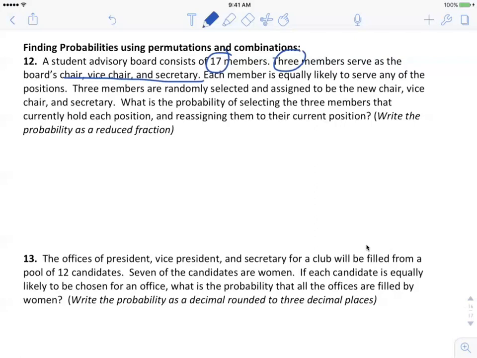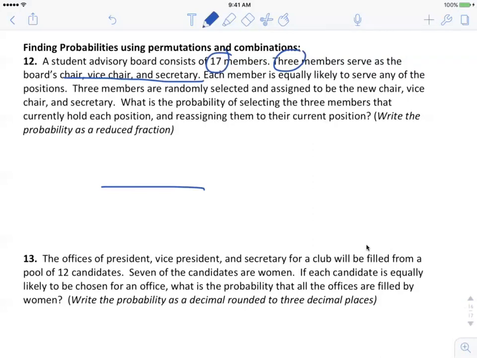Okay, each member is equally likely. 3 members are randomly selected and assigned to be the new chair, vice chair, and secretary. What is the probability of selecting the exact same 3 that are already holding the position and reassigning them to their position? Well, okay, so for probabilities, you're always writing a fraction, right? Where in the denominator, it's the total number of possible ways for this to occur.